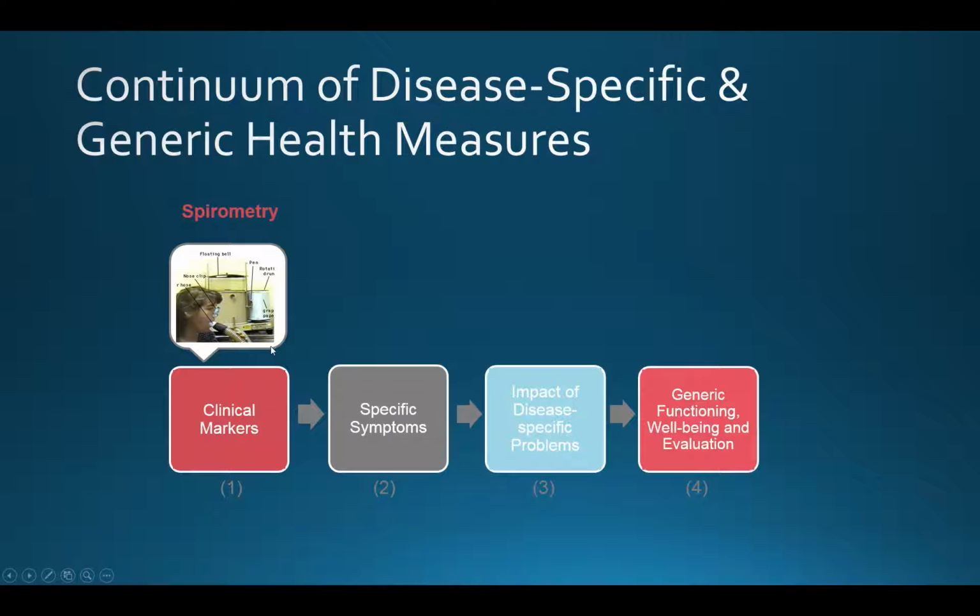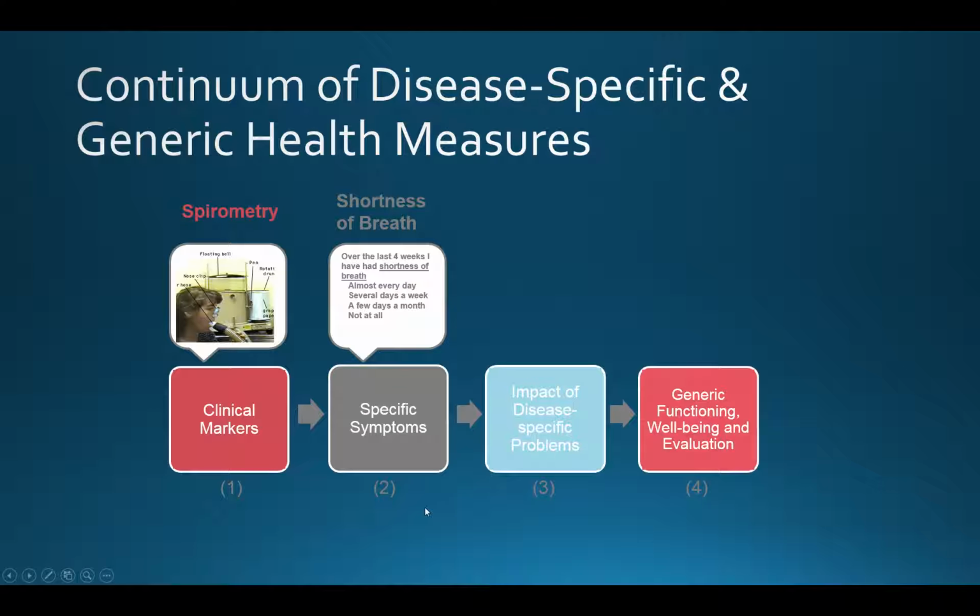For instance, these could be lab reports, or in this case, respiratory function. We've got this test here to measure respiratory output. And so this will give us a value that we can use to determine how well somebody's respiratory function is working.